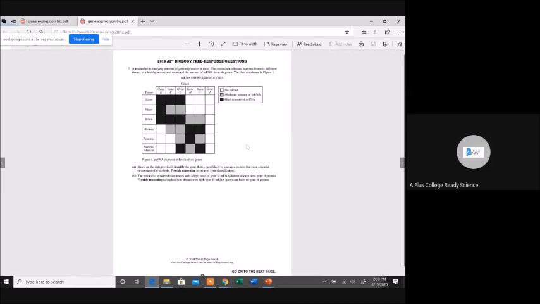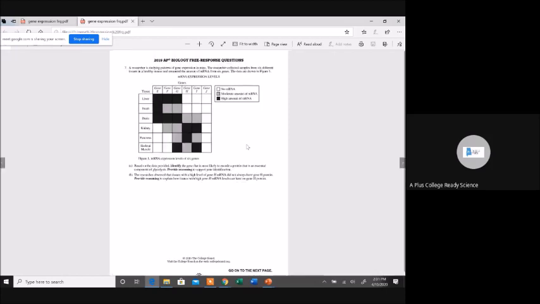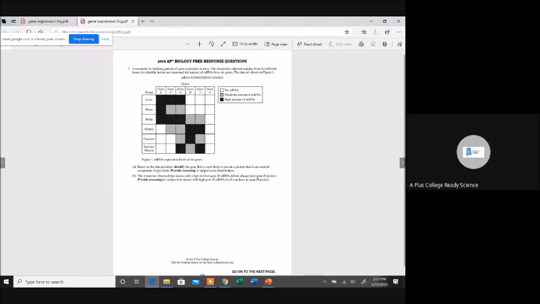A researcher is studying patterns of gene expression in mice. The researcher collected samples from 6 different tissues in a healthy mouse and measured the amount of mRNA from 6 genes. The data are shown in figure 1. So here's figure 1.